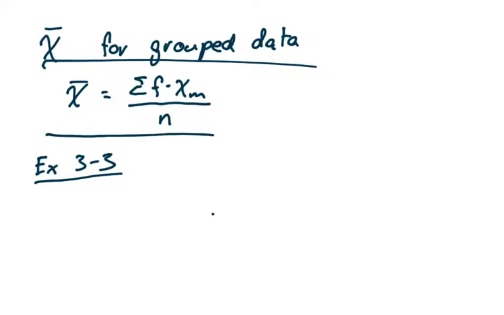Basically, this is just saying, well, we have all of this data. It's already given to us in a grouped frequency distribution. So we're going to take the frequency times the midpoint. That x subscript m is the midpoint for each one of our classes that we've grouped our data into. And then we're going to divide by the total number there.